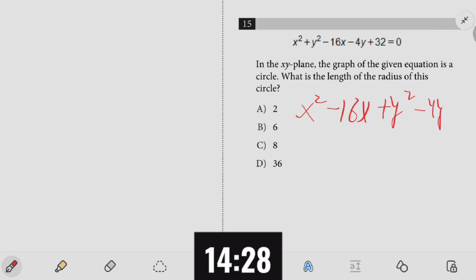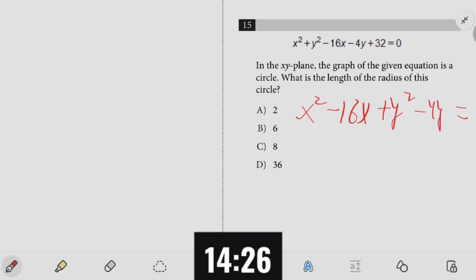Minus 4y. Oh, I remember now, okay. Negative 32. And then we have to set it divided by 2 squared. So what is that? That's negative 64. So x squared minus 8 squared. And then divided by 2 squared. That's negative 4 divided by 2, negative 2 squared.